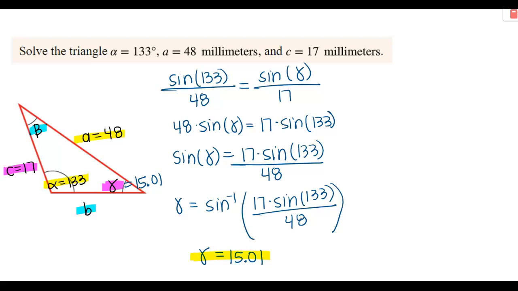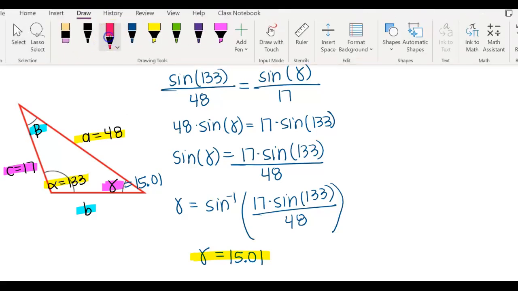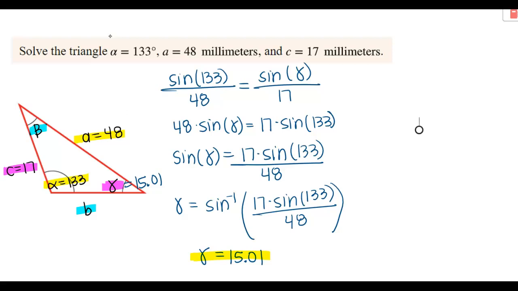So from here, I trust that you can complete the rest of the problem. Let me just tell you the answers so that you can check your work in case you finish the problem. So we would have that beta would be about 31.99, and little b turns out to be 34.77.